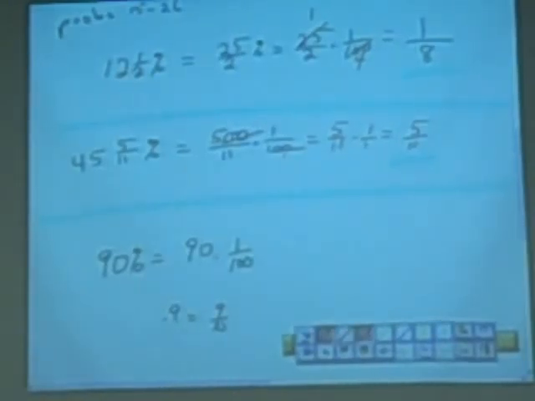But see here, factors of 90 are 9 times 10 and 10 times 10, so the 10s can cancel out here, and so you end up with 9 over 10, right? Just like you did here. The result is the same, it's just the method is different. Alright?